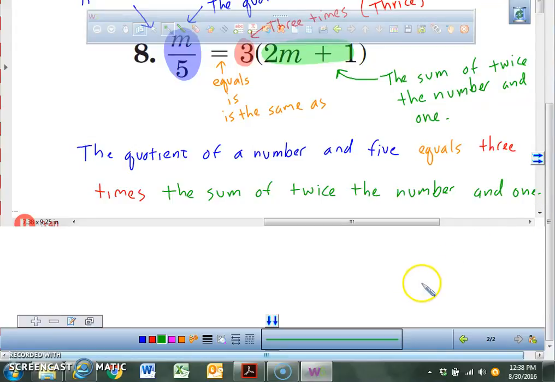So everything's combined. You have everything written out, and that describes exactly what's happening in that equation.